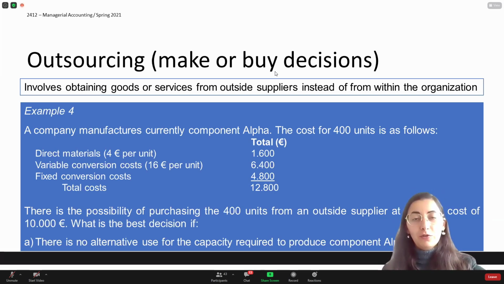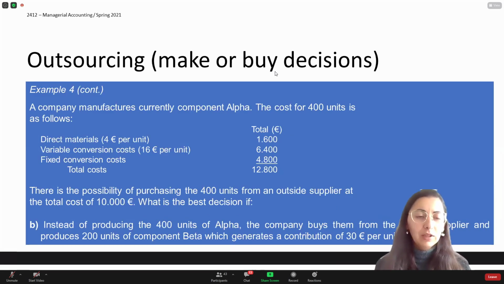That would be 4,800, which if we sum is 14,800 if we outsource. And this 14,800 compares with the 12,800. Looking at this, we obviously want to produce in-house because it's cheaper than outsourcing.